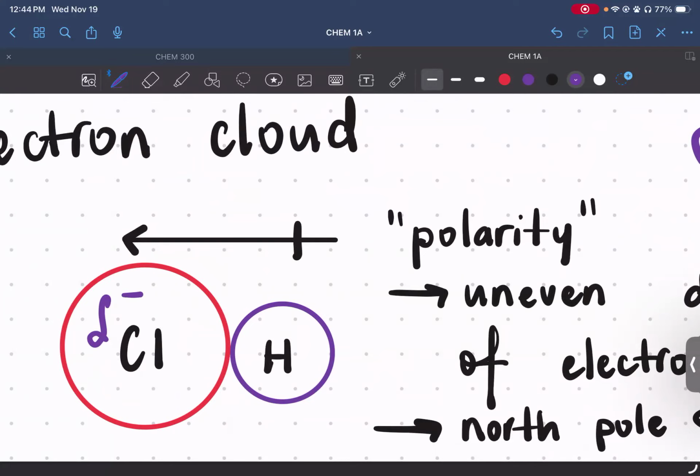Chlorine is in the molecule. By all intents and purposes, the molecule is overall neutral. But due to the uneven distribution, one end, the north or the south, is slightly negative, such that the other end is slightly positive.